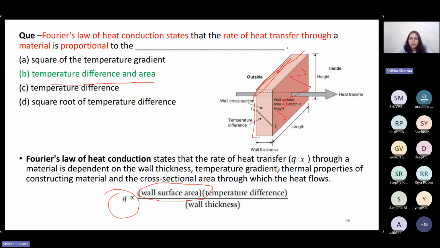It is also directly proportional to the temperature gradient, which is the temperature difference from the outside to inside. And it is inversely proportional to the wall thickness.